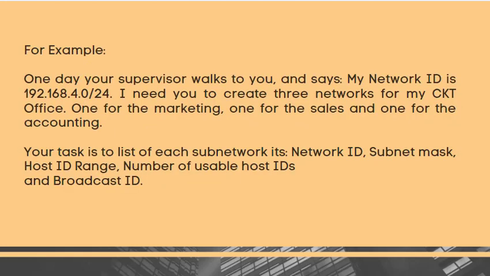So we have an example here for a task that we need to subnet. One day your supervisor walks to you and says, my network ID is 192.168.4.0/24, and I need you to create three networks for my CKT office: one for marketing, one for sales, and one for accounting.